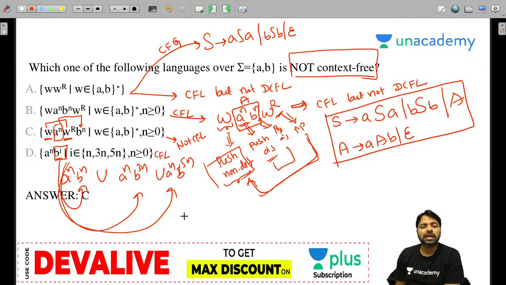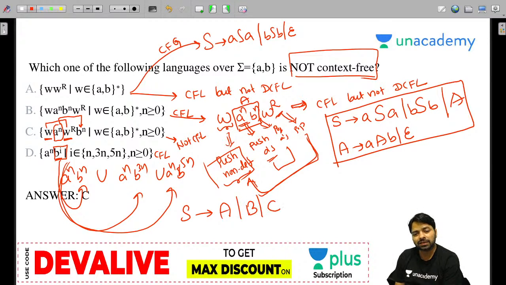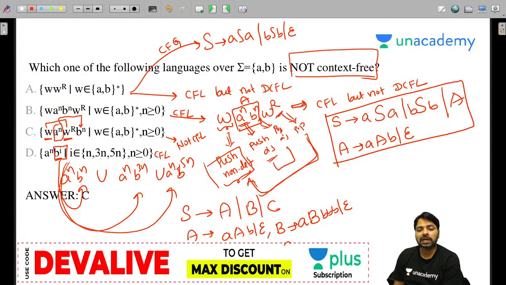If anybody wants to write a context-free grammar, yes, we can do that. Like capital A, capital B, capital C. What will capital A take care of? a^n b^n, a A b. What will capital B take care of? Each a will have 3 b's at a time. And what will capital C take care of? Every a will guarantee there are 5 b's at the last. b^5n.